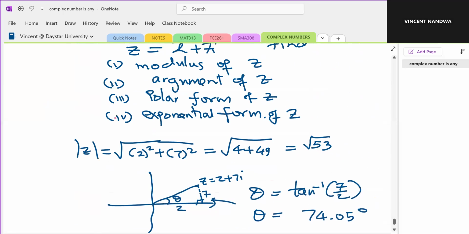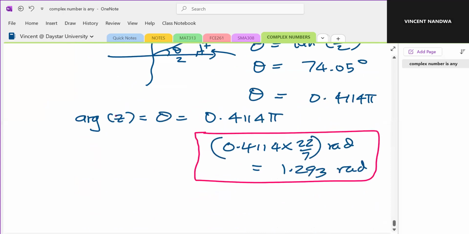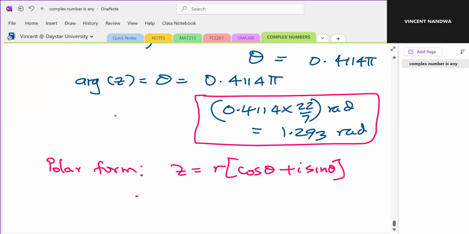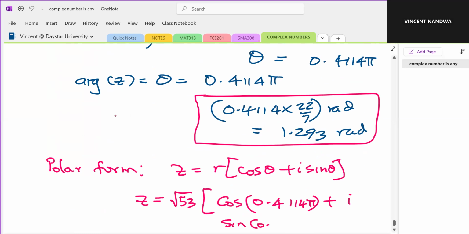So now to write the polar form: polar form is z equals r times cos theta plus i sine theta. So z equals r, which is root 53, times cosine of 0.4114 pi plus i sine 0.4114 pi.